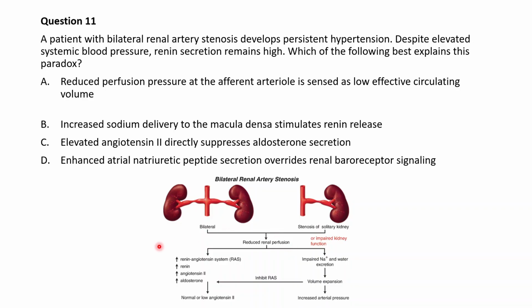The kidneys are receiving less perfusion pressure because the renal arteries get narrowed, as you can see here. Bilateral basically means both of them. Both kidneys are getting reduced perfusion pressure, or blood entering into them, because these arteries have got quite narrow. That's a disease condition. So with that, now I hope you can answer.